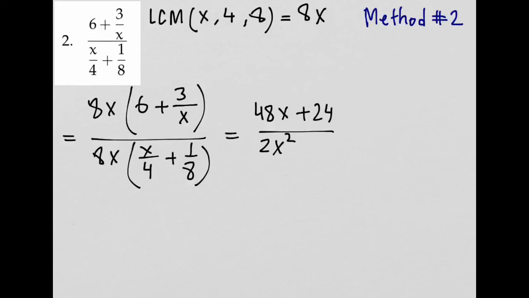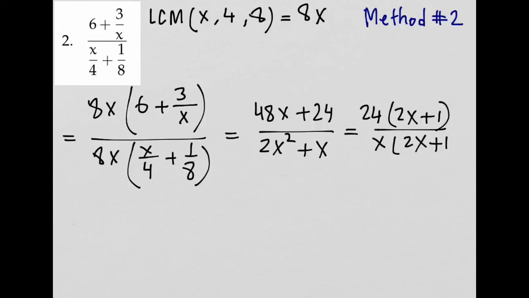And 8x times 1 over 8, that's simply x. In the numerator, I can factor out a 24. That leaves me with 2x plus 1. In the denominator, I can factor out an x, which leaves me with 2x plus 1.